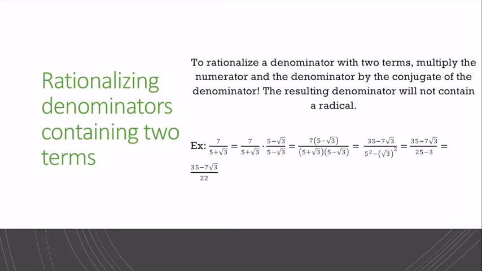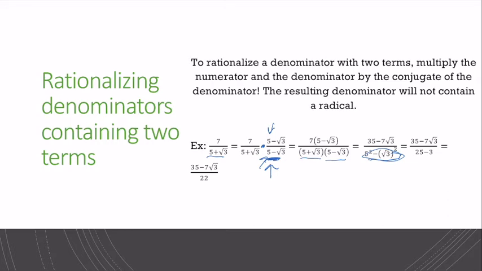Here's an example worked out, just in case you wanted to see it. So if I have 7 over 5 plus the square root of 3, and I multiply the numerator by the conjugate, which would be 5 minus the square root of 3, and I do that in the numerator and the denominator, that's going to give me 7 times 5 minus the square root of 3 over 5 plus the square root of 3 times 5 minus the square root of 3, which I showed you on the previous slide.